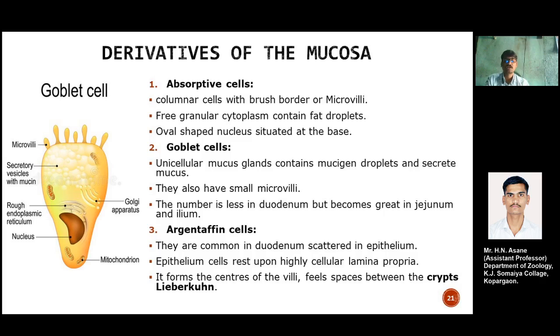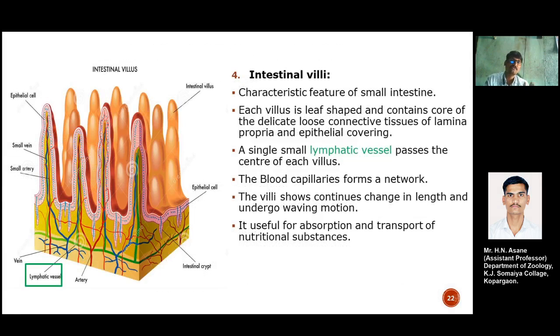Okay, so as you can see, the fourth is the intestinal villi. These are the characteristic feature of the small intestine. All over the small intestine, these intestinal villi are present. These intestinal villi are the peculiar characteristic of the small intestine to increase the absorptive surface, and the absorption rate is increased by means of these intestinal villi.